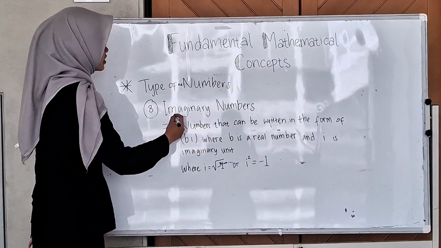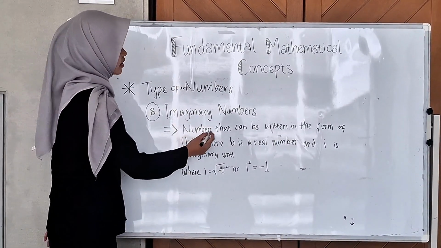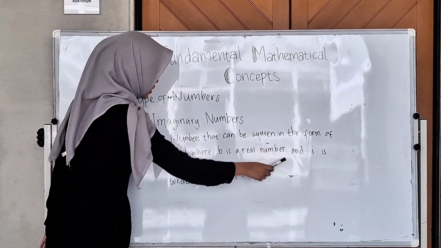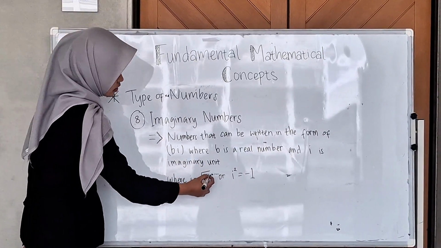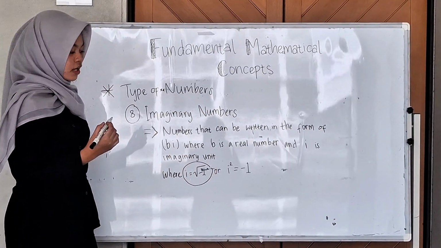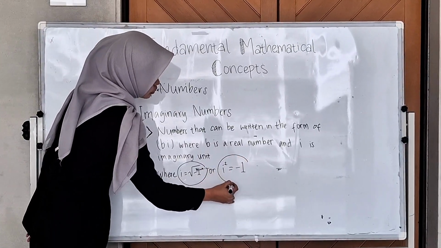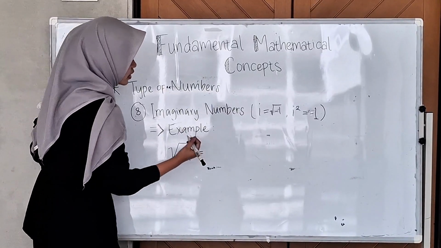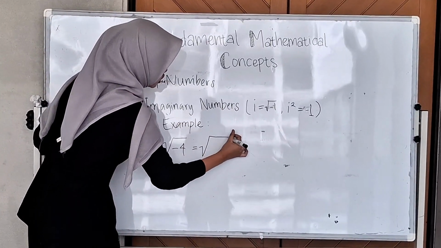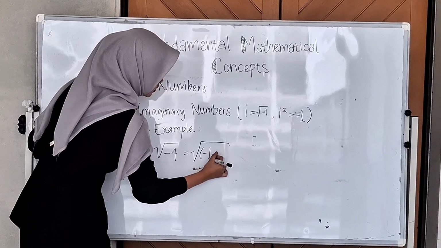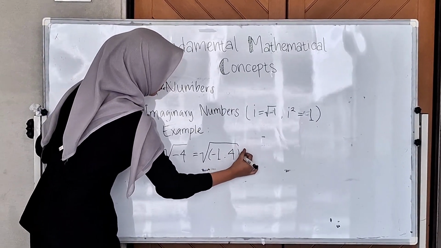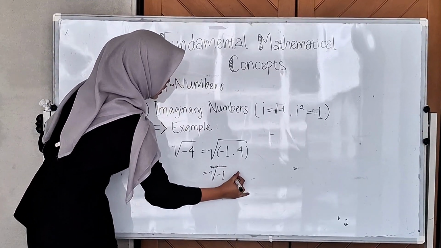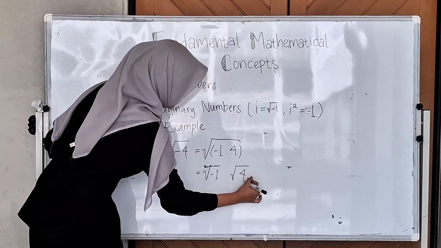Next, the eighth one is imaginary numbers. Imaginary numbers are numbers that can be written in the form of bi, where b is a real number and i is the imaginary unit, where i equals square root of negative 1 or i squared equals negative 1. For example, we have square root of negative 4 is equal to square root of negative 1 times 4, equal to square root of negative 1 times square root of 4.